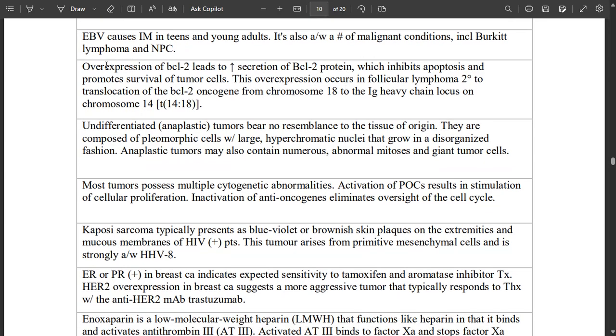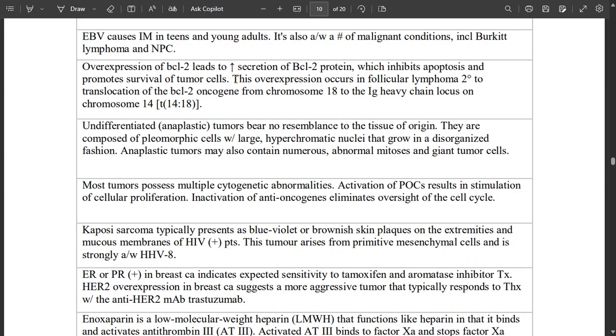Overexpression of BCL2: if there is high BCL2 expression, it leads to increased synthesis of BCL2 protein. BCL2 lies in the inner mitochondrial membrane. When the cell has to undergo apoptosis, BCL2 is released. So if there is a high amount of BCL2, apoptosis is inhibited and this promotes survival of the tumor cells.